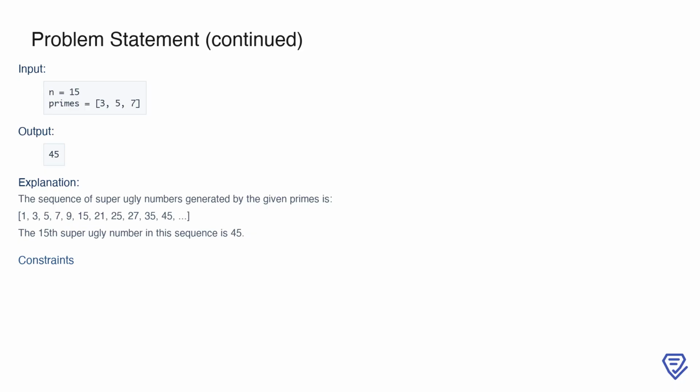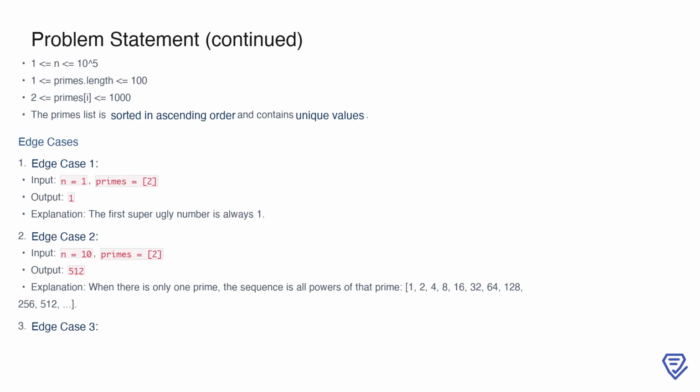For instance, 3 is the smallest prime, so it appears early in the sequence, followed by multiples of 5 and 7. The 15th number in this sequence is 45, which becomes the output. This demonstrates how the sequence evolves based on the given primes, and highlights the importance of efficient algorithms to handle larger values of n.